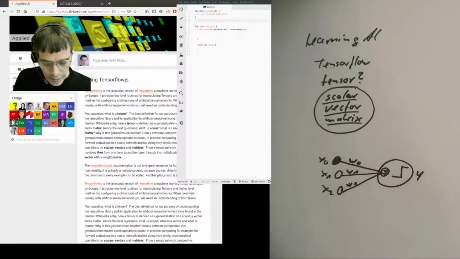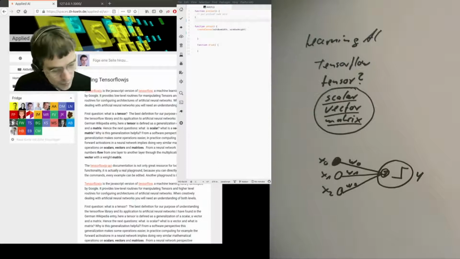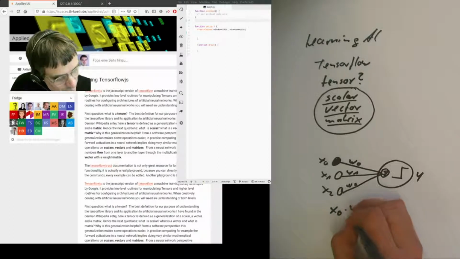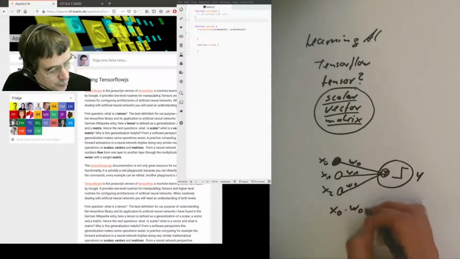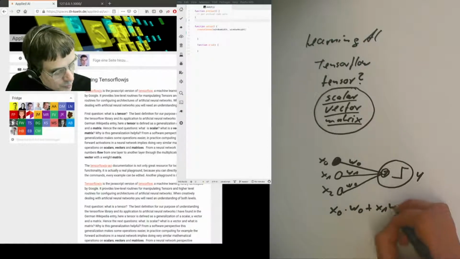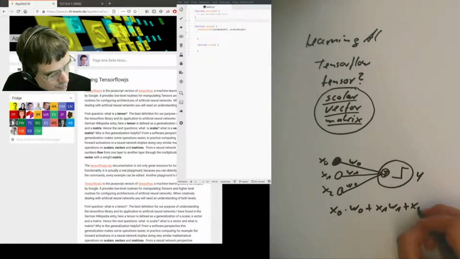And if we want to compute the sum, what we do is we compute x0 times weight 0 plus x1 times weight 1 plus x2 times weight 2.